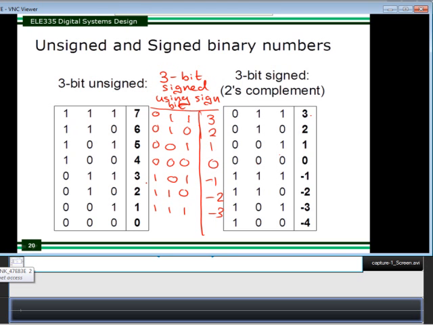So the most significant bit is our sign bit, and if our sign bit is 0, we have a positive number, and if our sign bit is 1, we have a negative number. Have you seen that shorthand before for positive and negative?